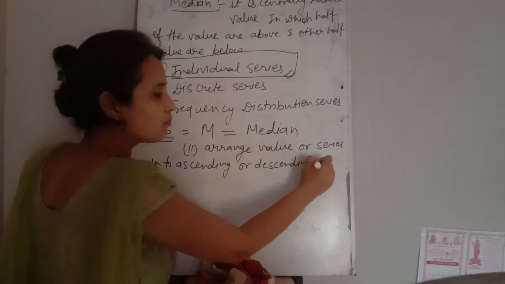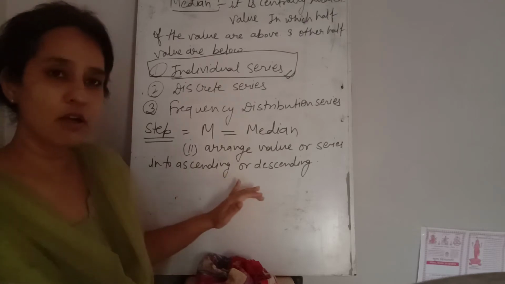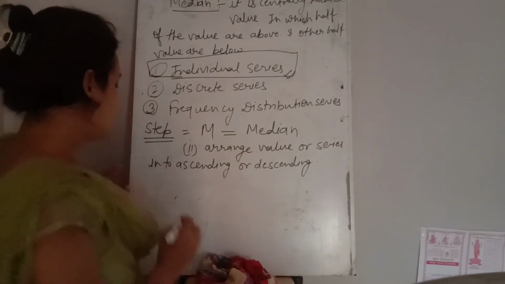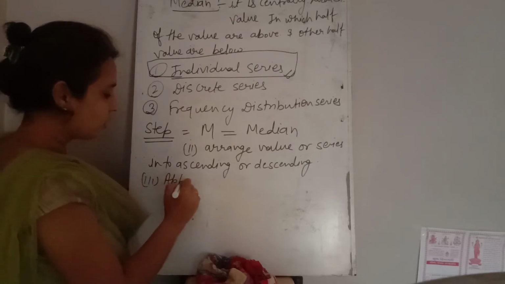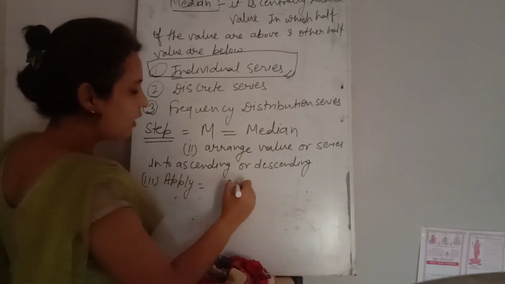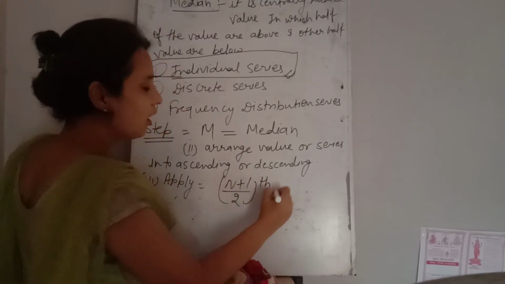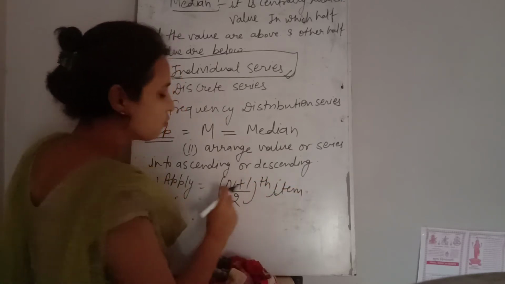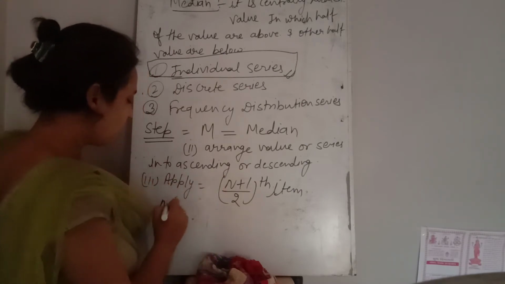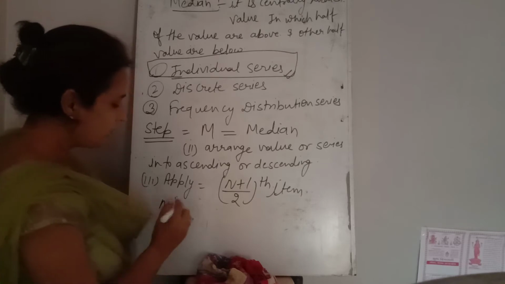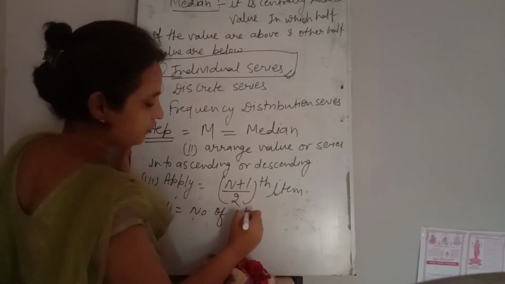As per your wish, you can arrange your series in ascending order or descending order. Third, apply the formula. What is the formula? N plus 1 upon 2th item. This is a very simple formula. N means number of items.